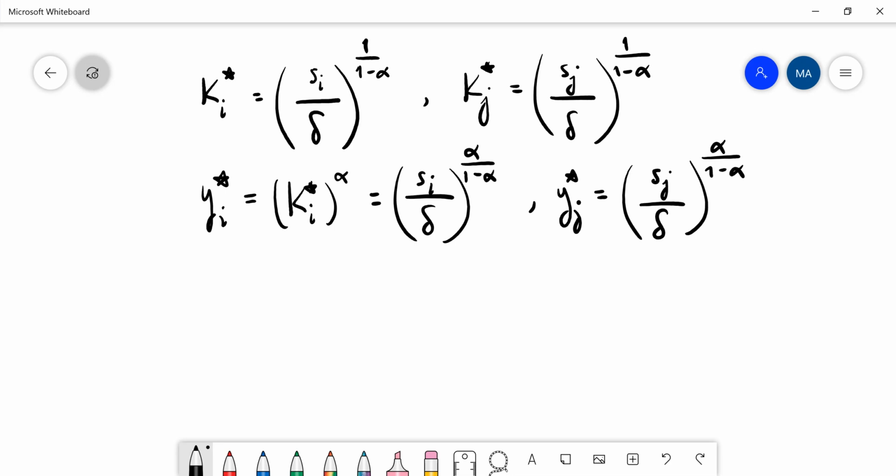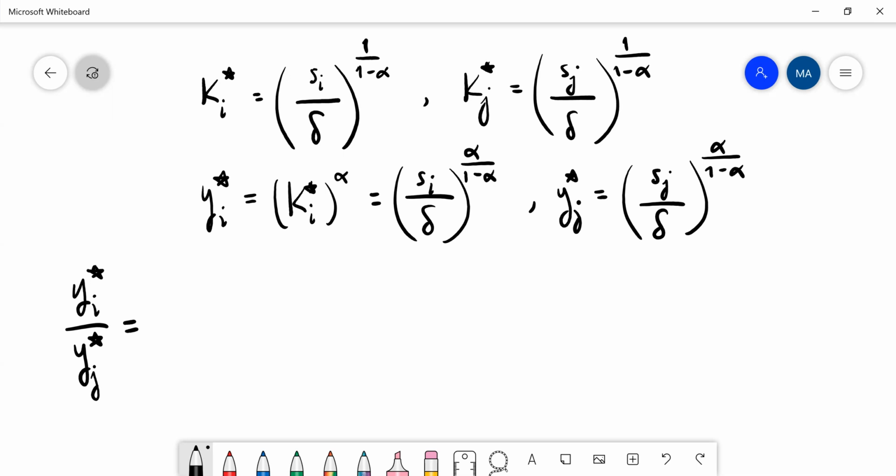Now we can answer an interesting question, right? In the steady state, what is that ratio equal to, right? Suppose that one country is US, the other country is Turkey. Now what does this simple model tell me about long-run differences in income per capita or GDP per capita, right?